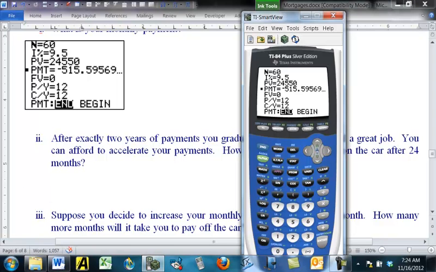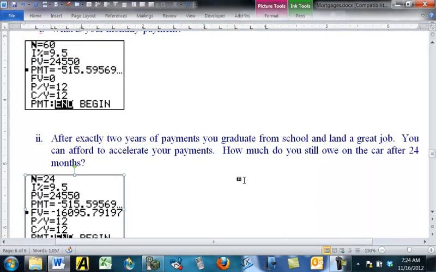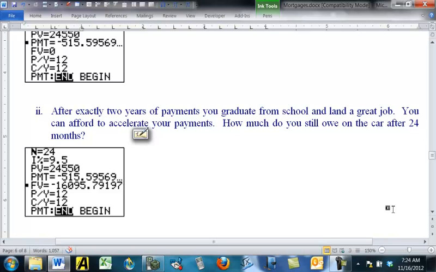Well, let's keep that payment the same, but let's change the years to not go to 60, but to go to 2 years, 24 payments, and let's solve for what that future value is going to be. And so we just go right here and solve for the future value. This is really cool. And so, how much do we still owe? We still owe $16,095.79.